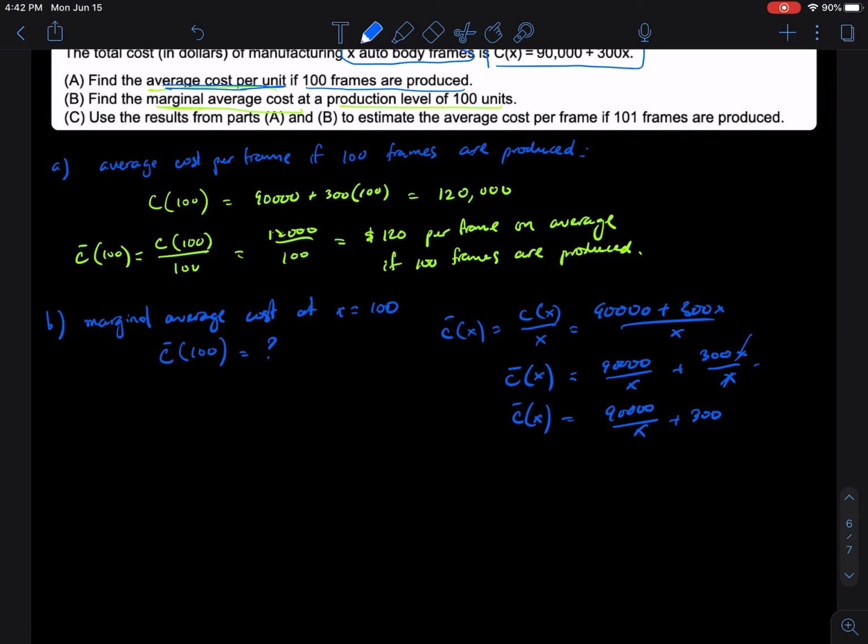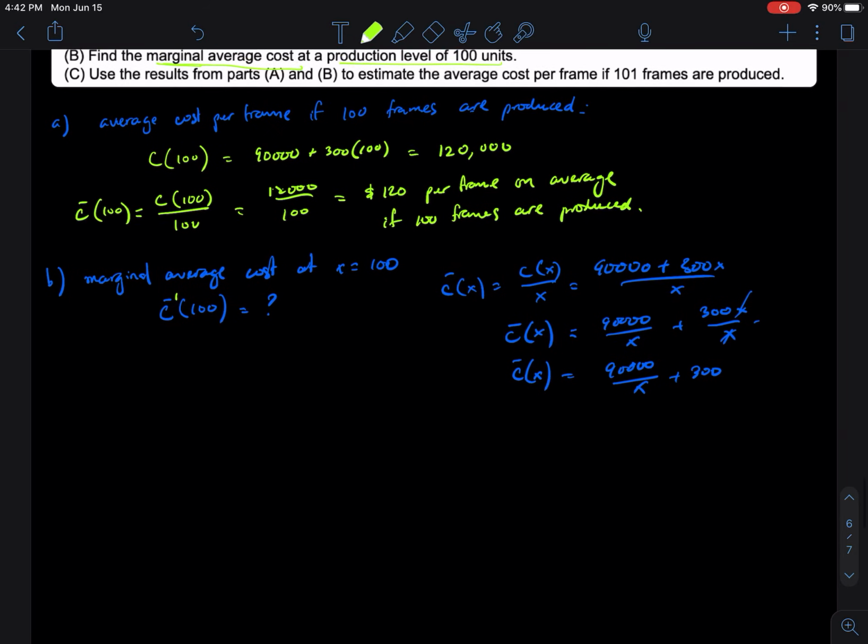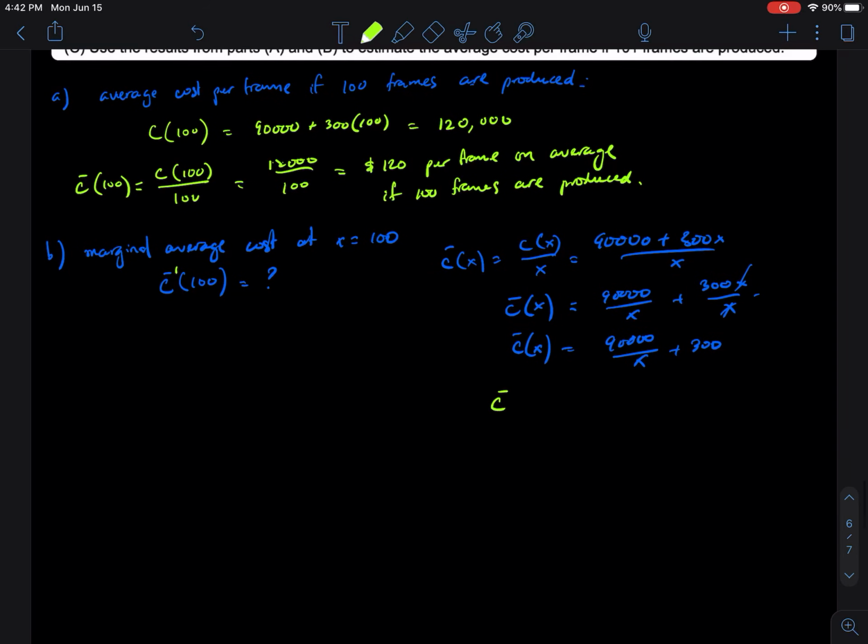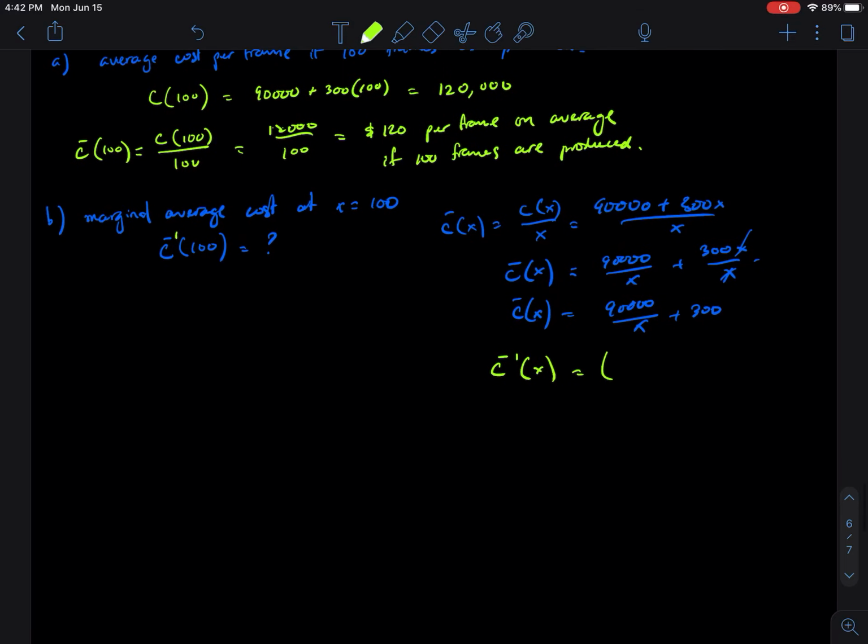To find C bar prime of 100, we have to take the derivative of the average cost function. What you want to do is rewrite this first. So 90,000, I'm going to bring the x up, so 90,000 x to the negative 1, plus 300.